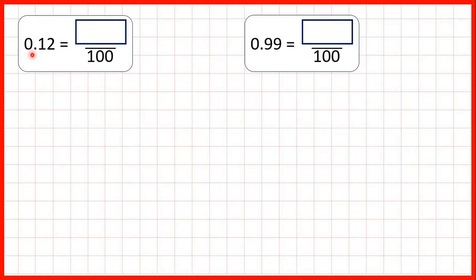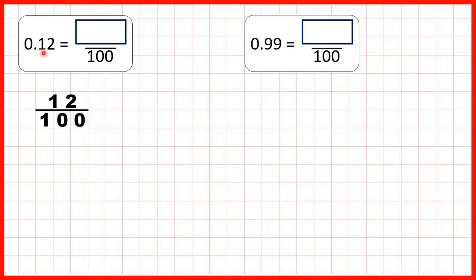Now we have 0.12. So we know that the first digit after the decimal point tells us how many tenths we have, and the second digit after the decimal point tells us how many hundredths we have. But our answer isn't 2 hundredths because we can change the 1/10 into hundredths as well. 0.12 is actually 12 hundredths.